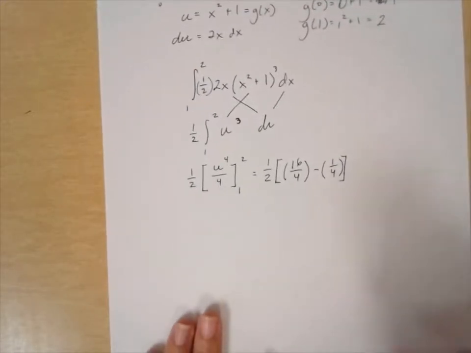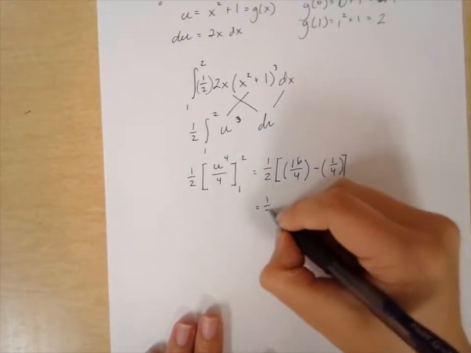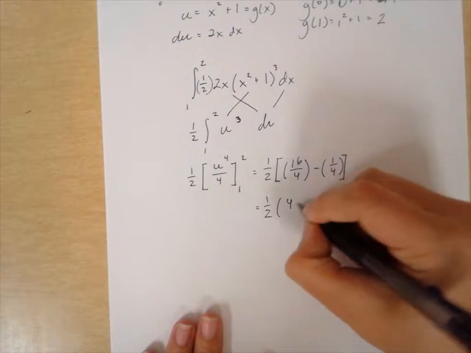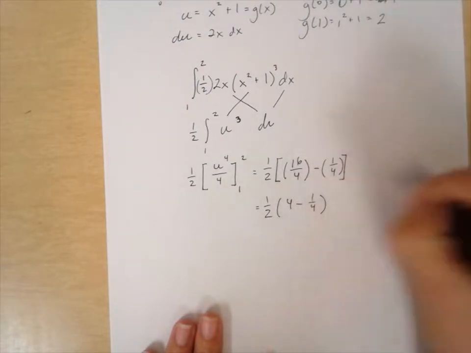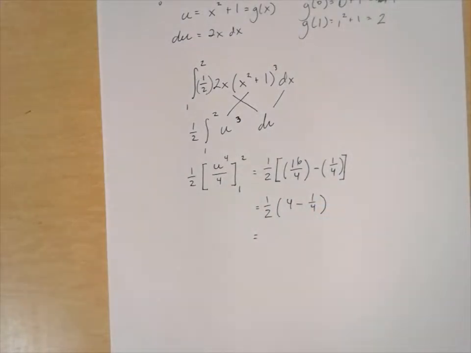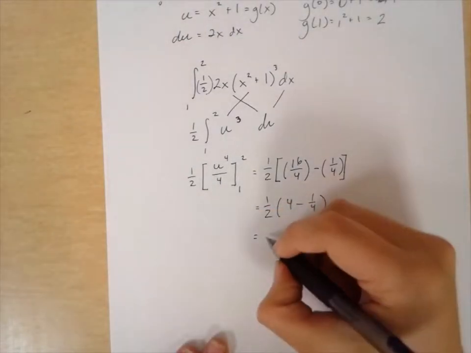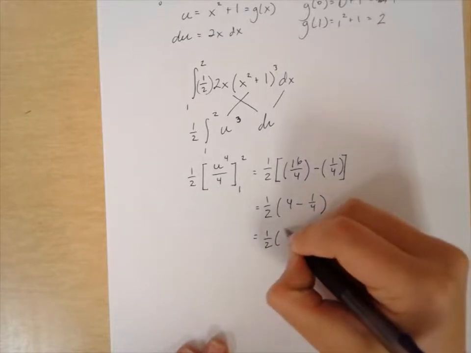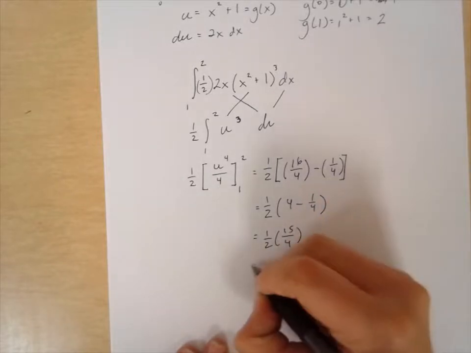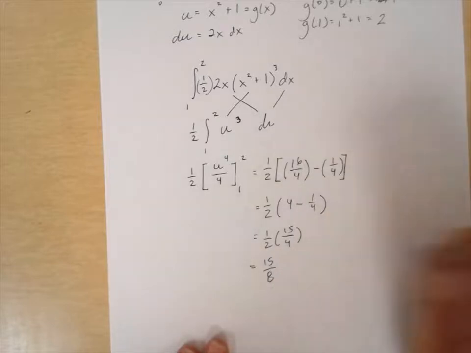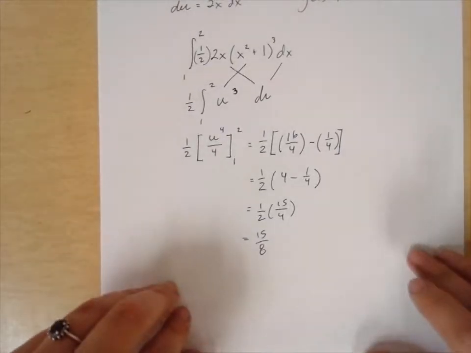Okay. And when I finish that out, I get 1/2 outside 4 minus 1/4. So I get 1/2 outside of 15 over 4, if I did 16 over 4 minus 1 I get 15 over 4. Which gets me 15 over 8, and that is my answer.